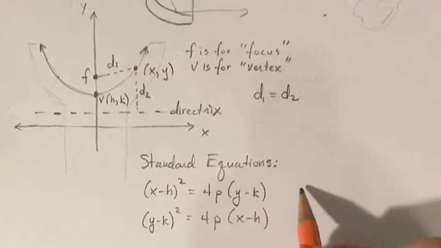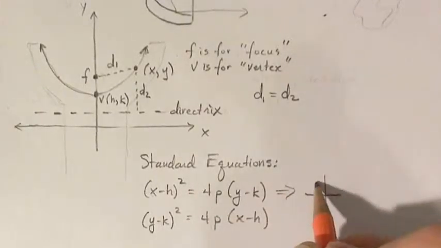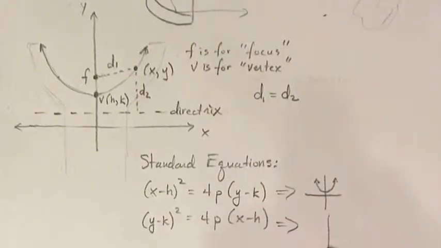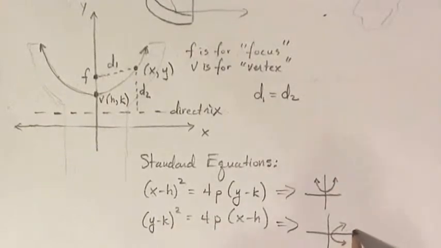So this is for a parabola that looks like this, and this one is for a parabola that looks like this. Now, they can face up, or they can face down, they can face right, or they can face left. And we'll get into that in just a couple of minutes.